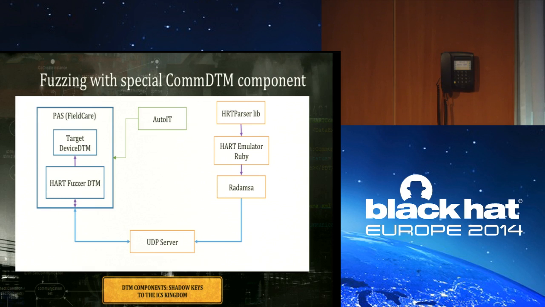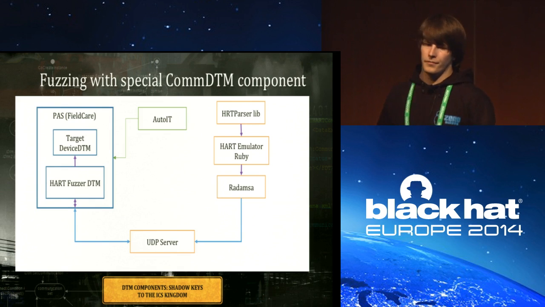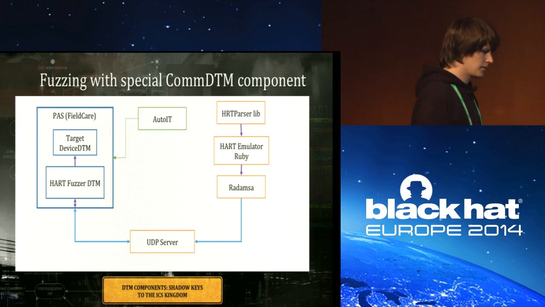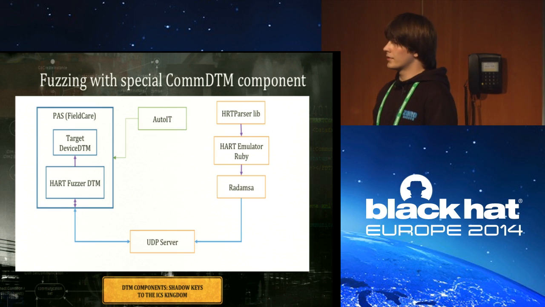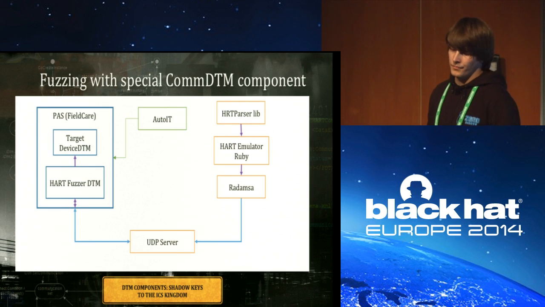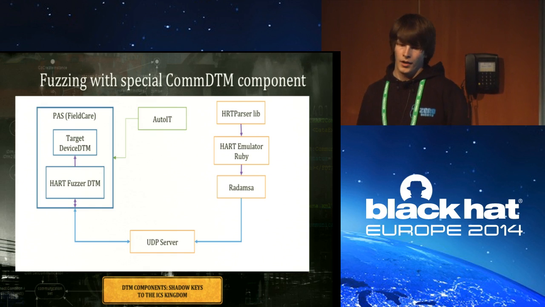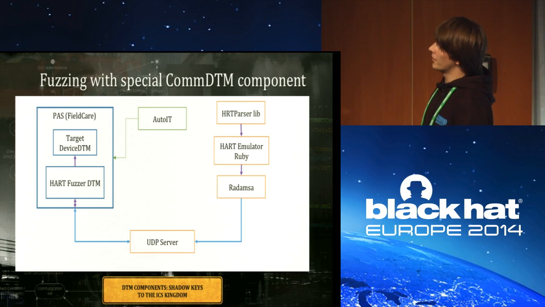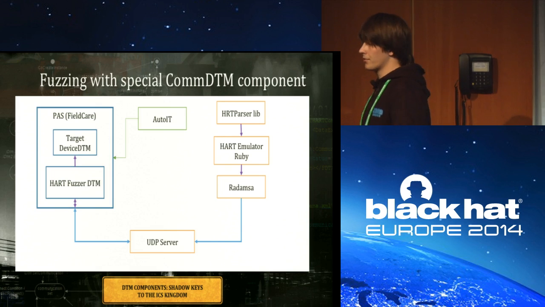At left, we can see that we loaded the target device DTM that we researched in the frame application. We use FieldCare and configure it to work with our HART fuzzer DTM communication component.